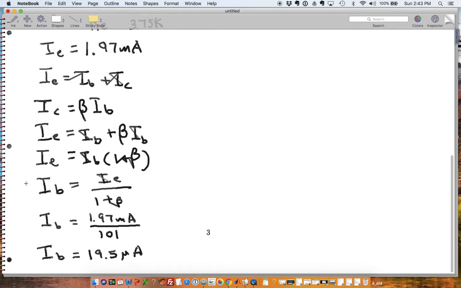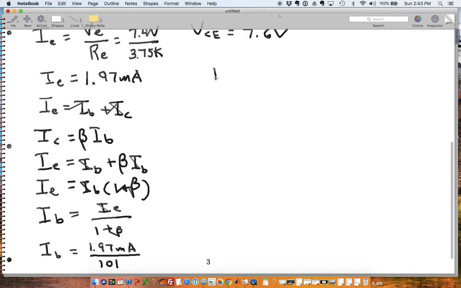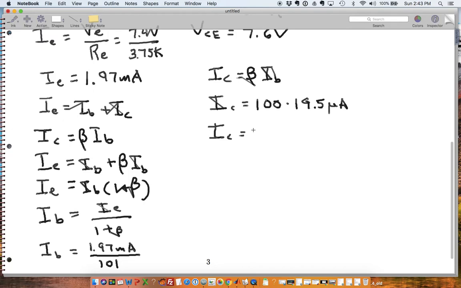All right, so now I have IB, I have IE, I just need IC. So my IC is equal to beta times IB. So IC is equal to 100, because beta is 100, times 19.5 microamps. And therefore IC is equal to 1.95 milliamps.